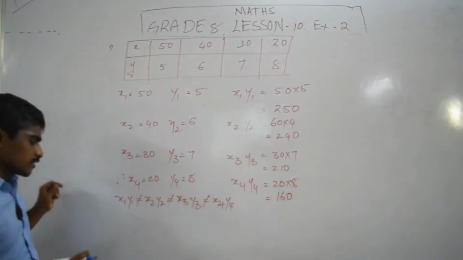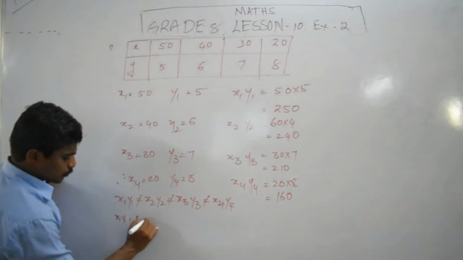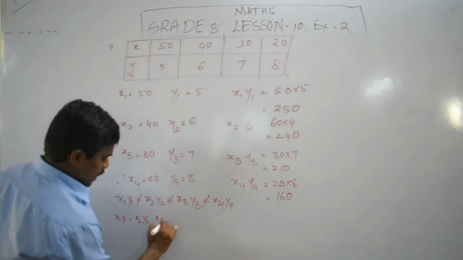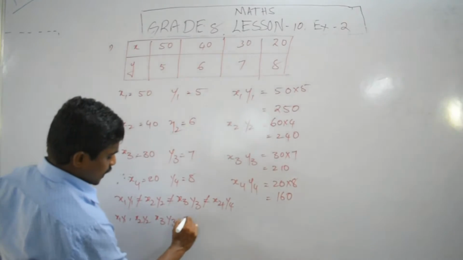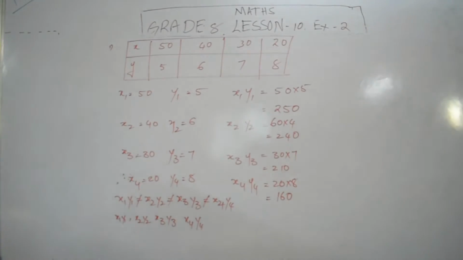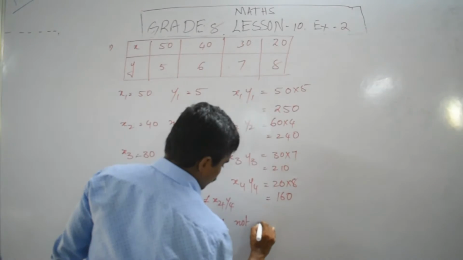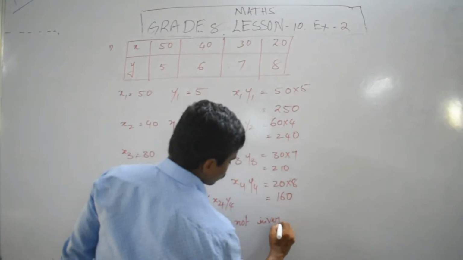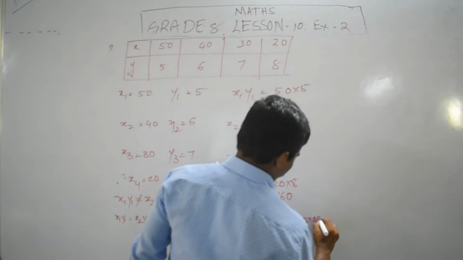So x1 y1, x2 y2, x3 y3, x4 y4 is not inverse proportional.